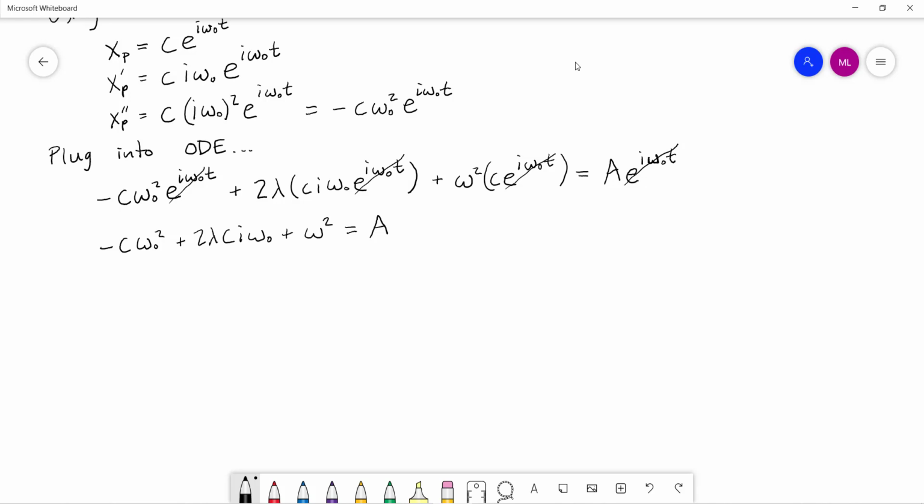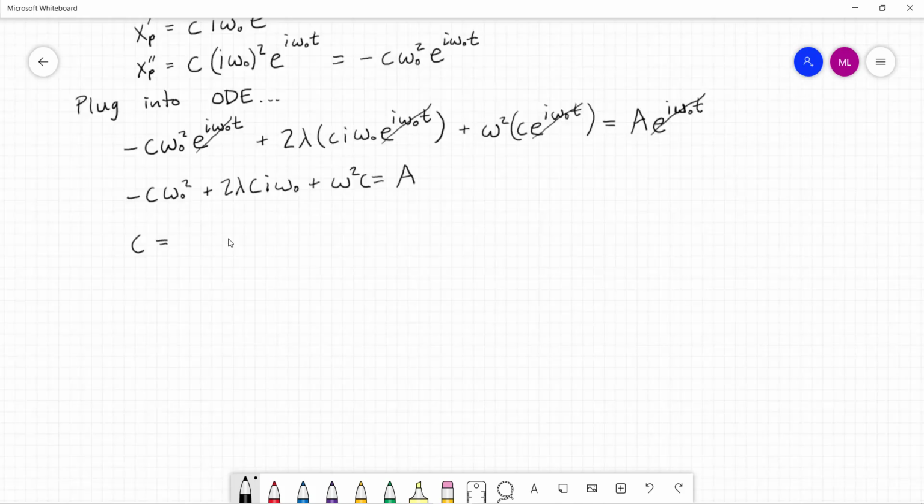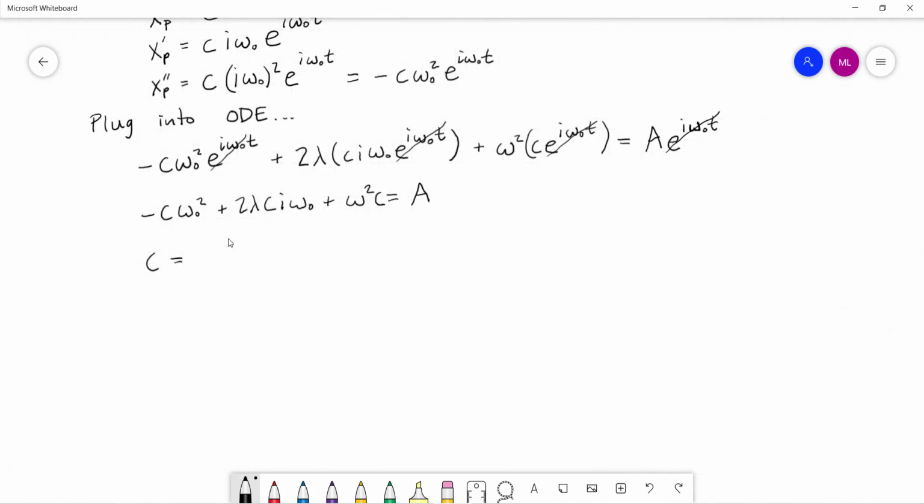And if we try to solve for c, oops, I missed a factor of c on that last term, so let me sneak that in. If I factor the c out and divide both sides by the remaining term, what I'll get is that c is equal to a over negative omega naught squared plus the 2 lambda I omega naught plus omega squared.